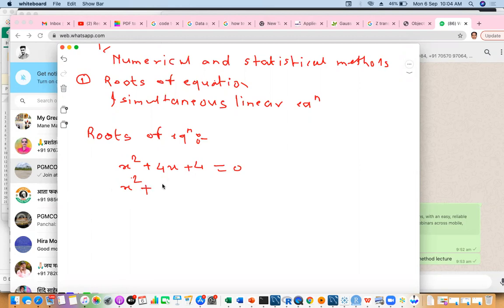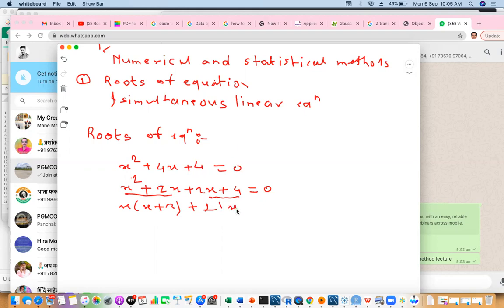So you converted 4x into 2x plus 2x plus 4, and then you took common x from these two terms and 2 from here, right? So here we will have x plus 2, here we will have 2 as common.